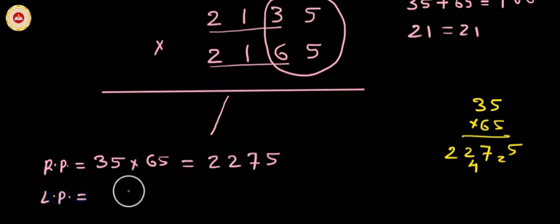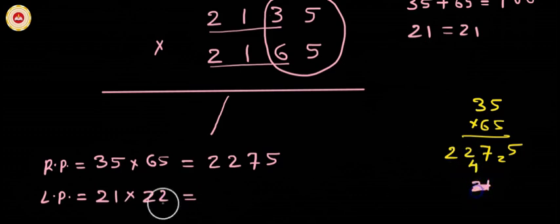What is the left part? Left part is multiply identical digits with its ekadhik. Identical digits are 2 and 1, that means 21. Multiply 21 with its ekadhik. What is ekadhik of 21? 22. 22 ones are 22.